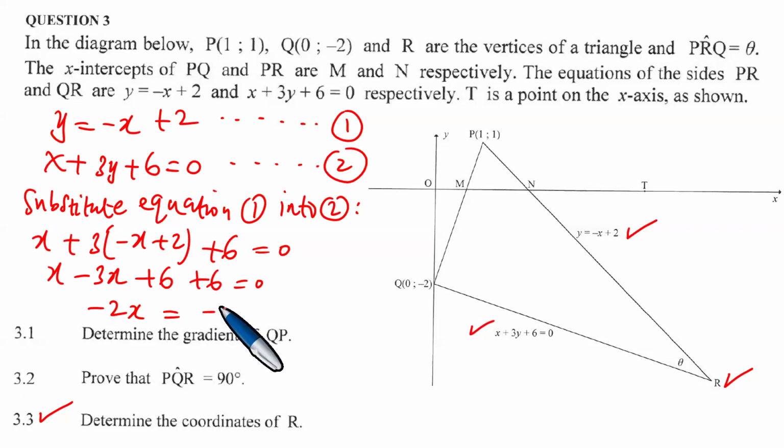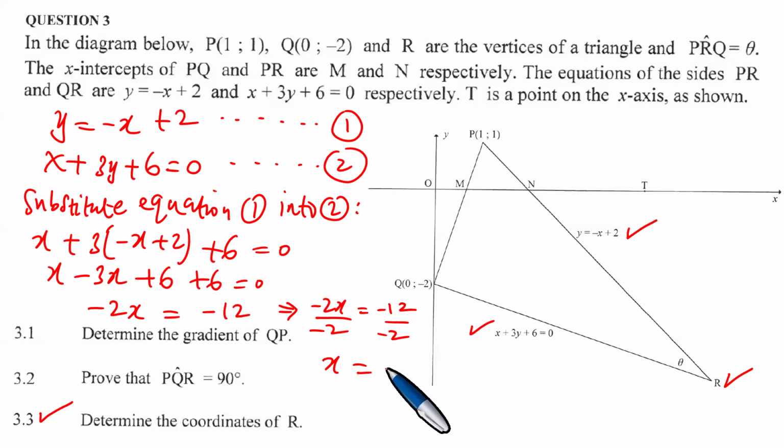If you move it across, it becomes negative 12. And so we have minus 2x equals minus 12. Divide by minus 2, so that x equals 6. That becomes the actual value of x at the point R.